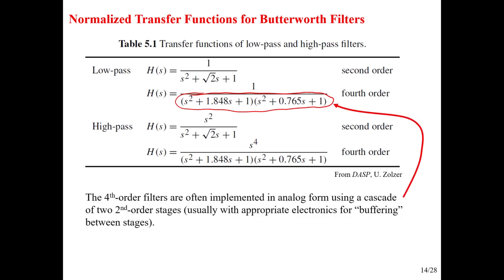So fourth order filters in analog are generally implemented using a cascade of 2 second order stages, and we use electronics to buffer between those stages, because if you take one circuit with a transfer function and another circuit with a transfer function, even though in theory we say the cascade of systems is the product of those 2 transfer functions, that doesn't quite work when we do it practically with circuits, because the input impedance of the second stage is affecting the transfer function of the first stage and vice versa.